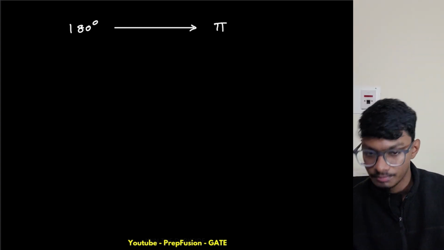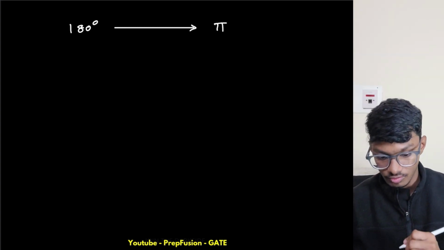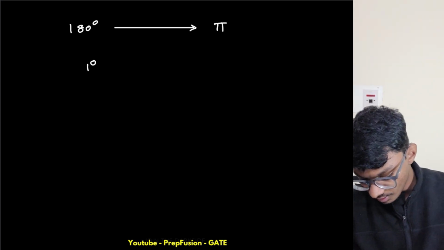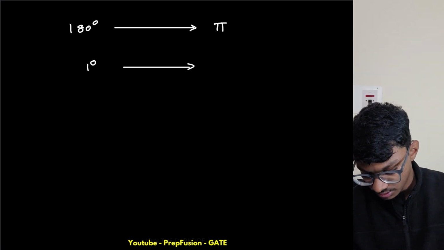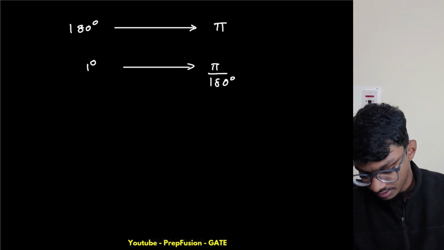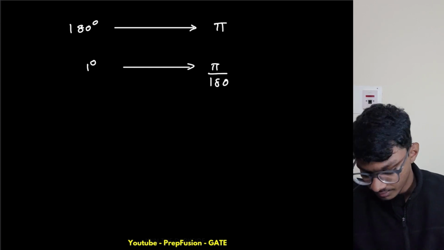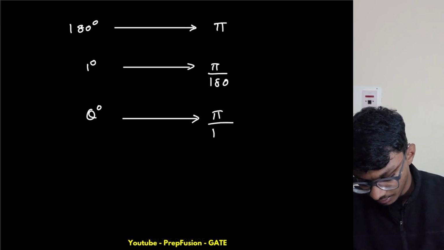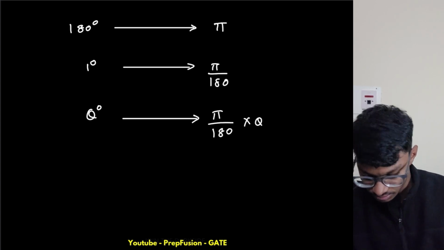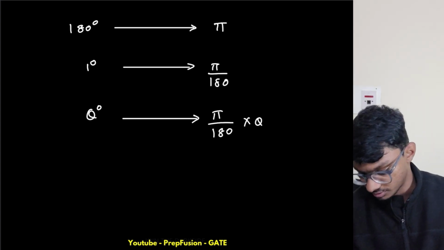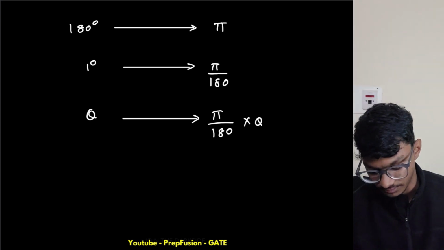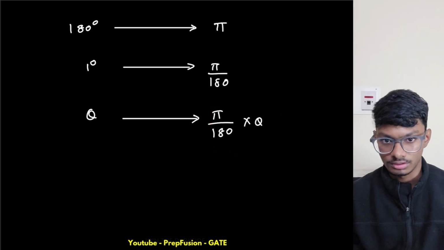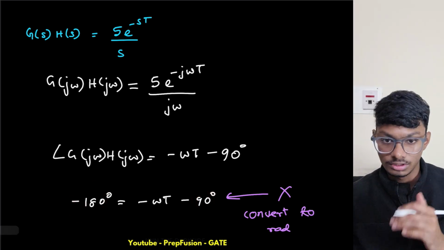Now just use the unitary method. 1 degree will be pi by 180, and theta degrees will simply be pi by 180 into theta. So this is just theta. Wherever you see angles, you just multiply by pi by 180 and convert into radians.